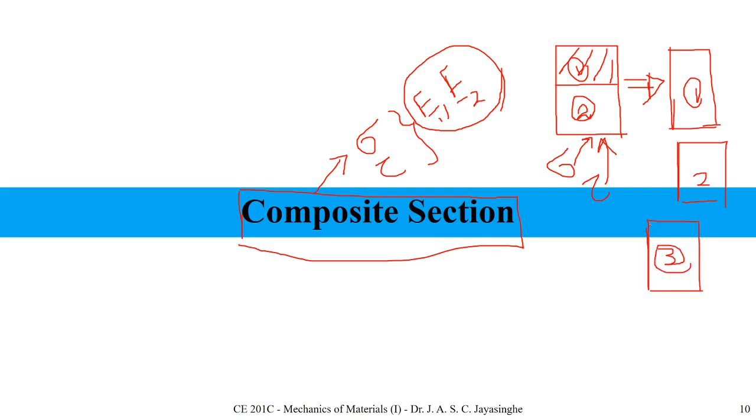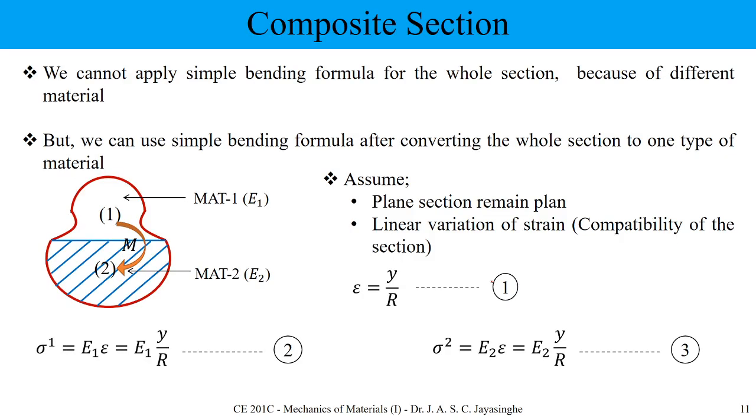After that, the transformed section you can analyze using simple bending or simple shear formula. So in this section we are going to discuss how to do this transformation of the sections. Okay, composite section.